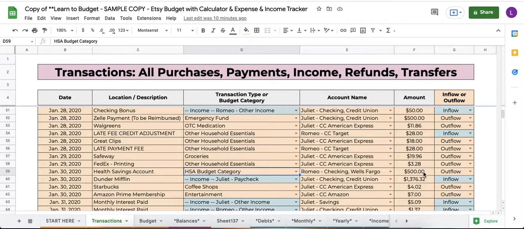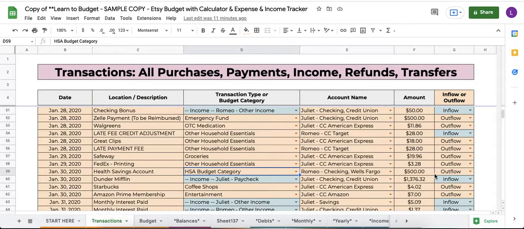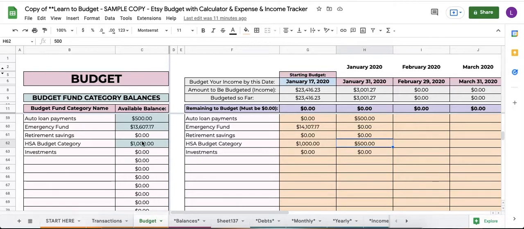So because that was $500 that was taken out of your checking account and also taken out of the HSA budget category and given to your health savings account, what that ends up turning up as here is 1,000 plus 500 minus 500 equals 1,000, which is the balance that I still have somewhere in my cash or bank accounts available to put towards my HSA budget category. All right?